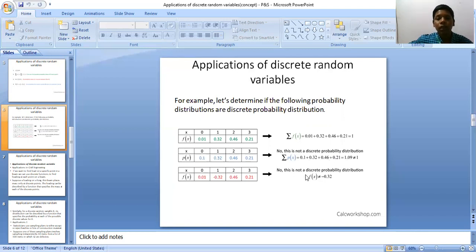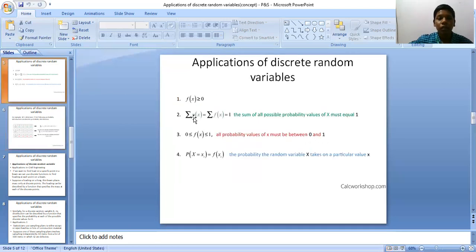In the third table, the summation of f(x) is negative, so this is also not a discrete probability distribution, because from the properties of a discrete random variable, f(x) is greater than or equal to 0, the sum of all possible probability values of x must equal 1, and all probability values of x must be between 0 and 1.